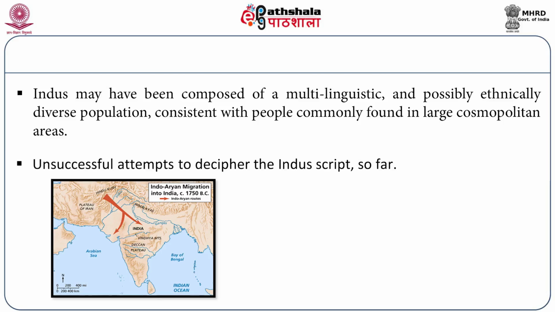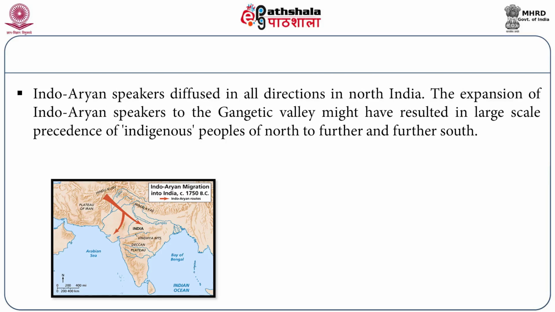There have been unsuccessful attempts to decipher the Indus script, and it is also said that the Indo-Aryan speakers diffused in all directions in northern India. The expansion of Indo-Aryan speakers to the Gangetic Valley might have resulted in large-scale pushing of indigenous people of north further and further south.